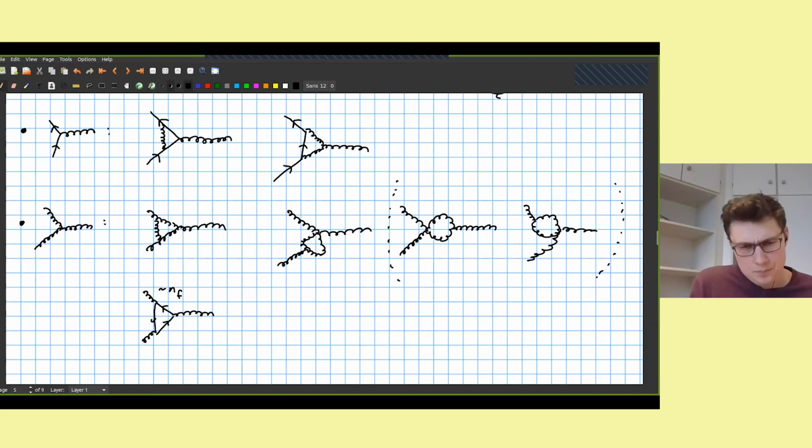So that's the third vertex. And again, we have covered all vertices in all combinations. And that's all that we can do in this case.